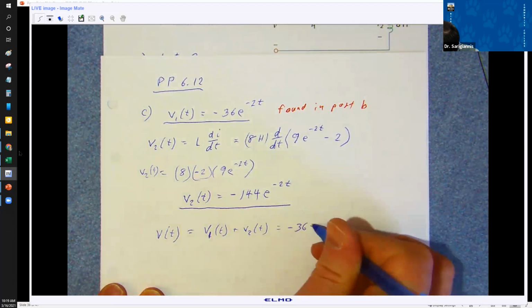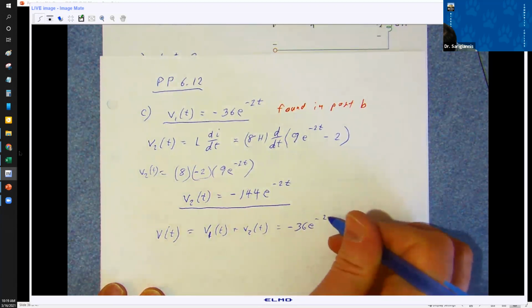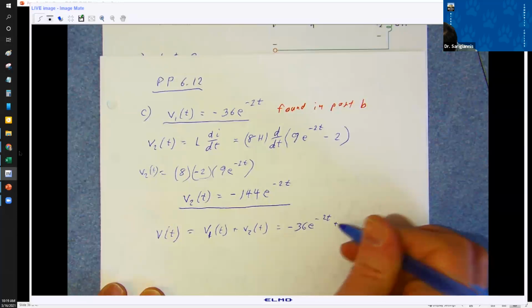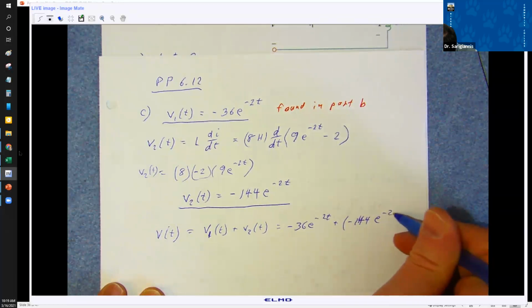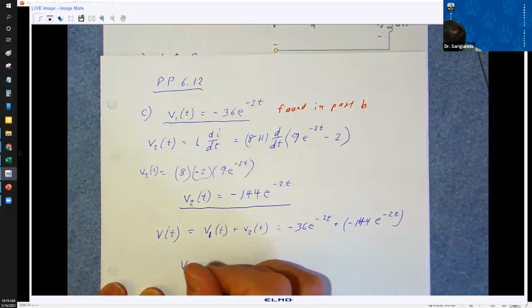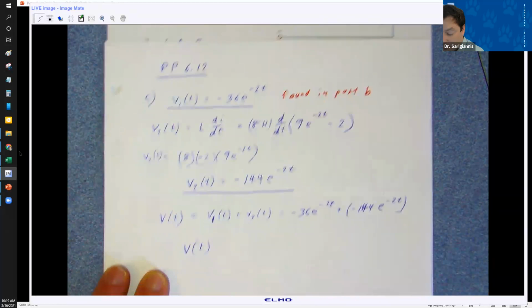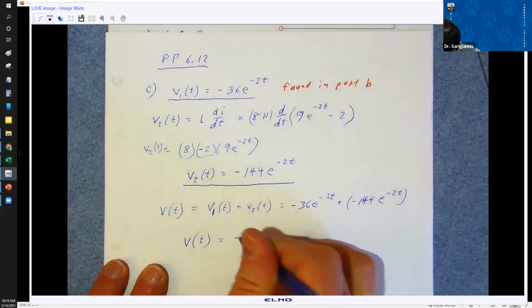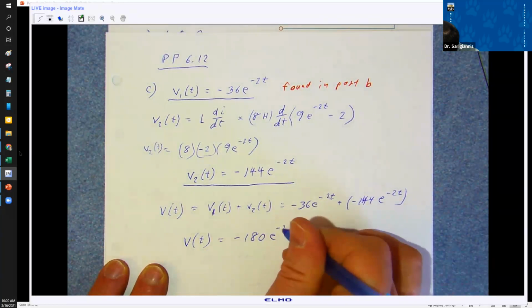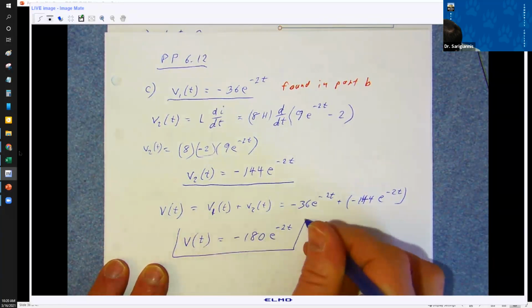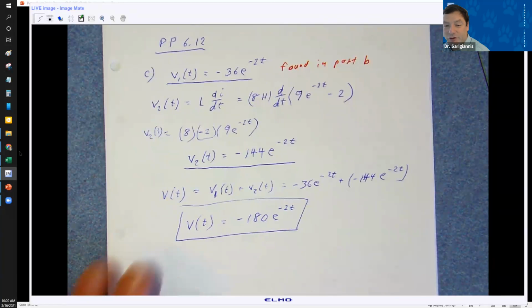Negative 36 e to the minus 2t plus negative 144 e to the minus 2t. V of t equals negative 180 e to the minus 2t. So this is our final voltage as well.